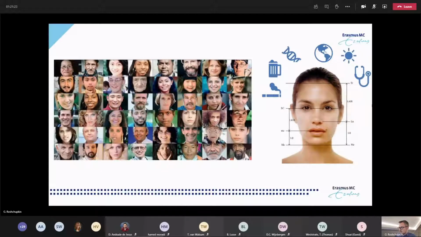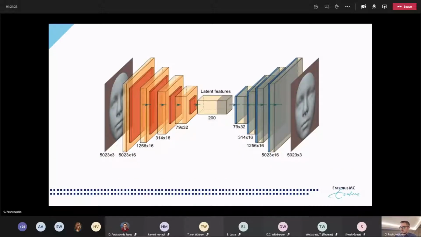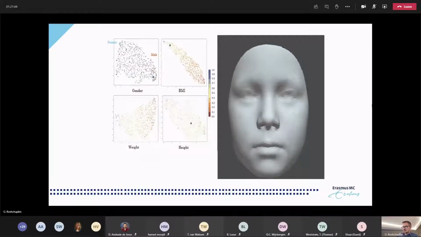So therefore, we're working on specific deep learning methods which use some dimensionality reduction techniques, which can reduce your face from thousands of measurements to just some latent features, in this case 200, and reconstruct it from those 200. And that allows you to analyze these underlying features in relation to the health condition.